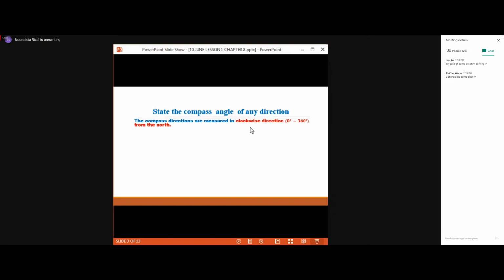So you always must think about clockwise direction and from north. So clockwise direction is important, and your north, all right, direction is important. Okay, these are the 2 important things you should remember if you want to find out the angle, all right, or in other words, the bearing of a given point.